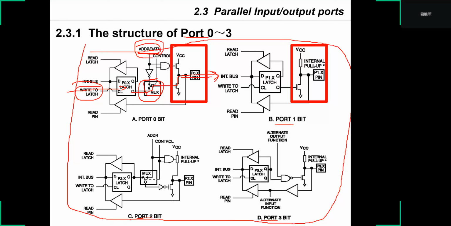The P0 can output address and data, with no pull-up resistor. P1, P2, and P3 can only output data, with pull-up resistors.